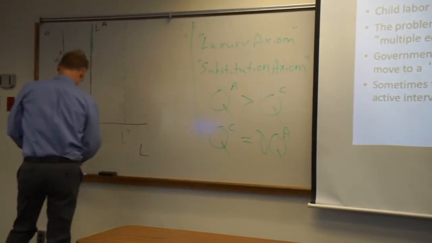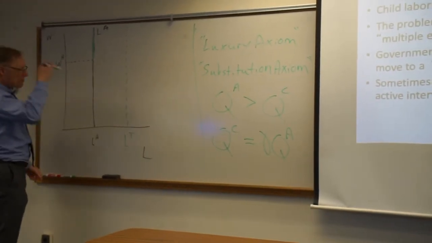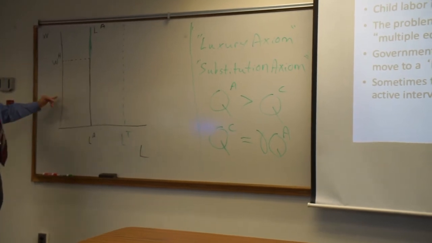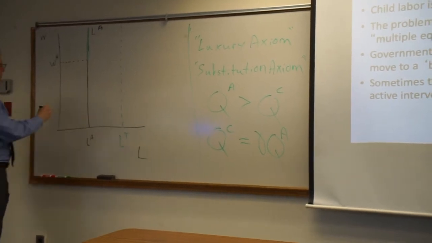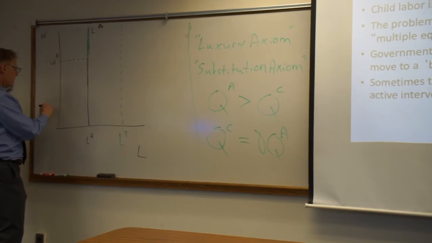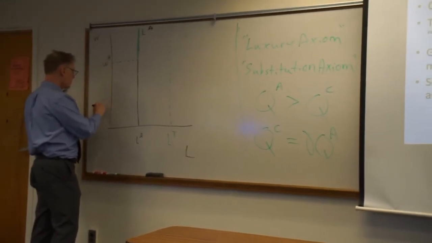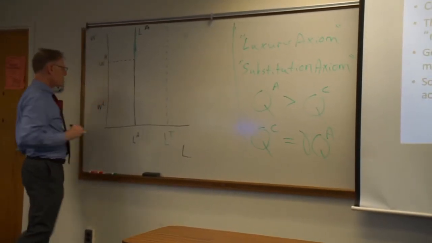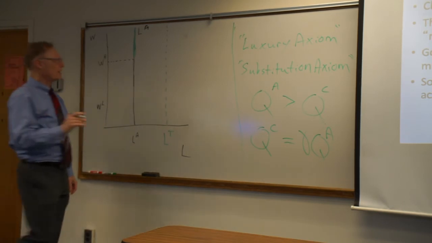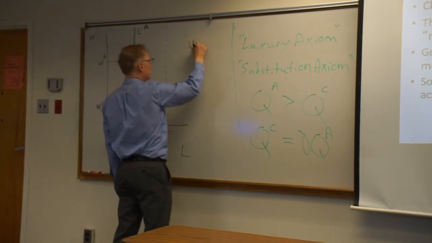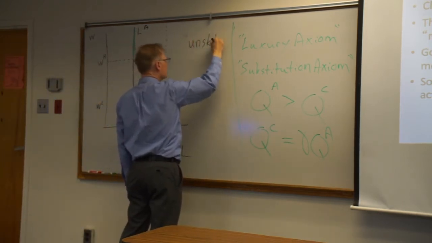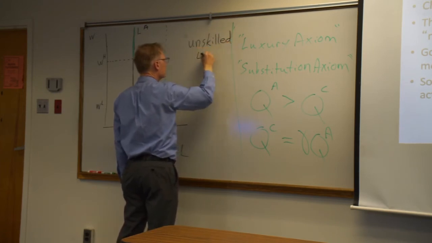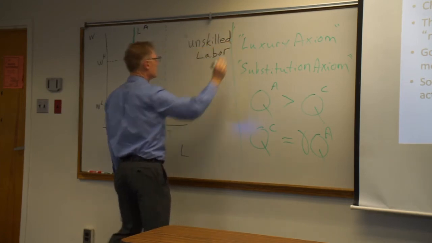So let's similarly think about the opposite side of the situation in which there's a very low wage. All of this for unskilled labor, by the way. I think that's worth underscoring. This is the unskilled labor market.